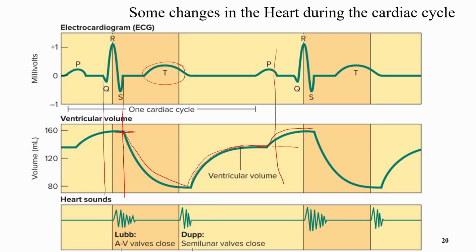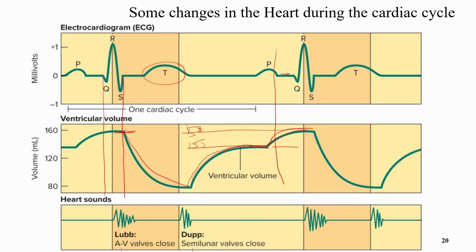So if you think about it, most of it was already filled. This is like 150. Here was already about, I want to say, 135. So it's about 90% full here just by passive filling, and the remainder is due to the contraction of the atrium, which is why I said that there is some atrial contraction happening here, but it's a very small amount of blood that it does pump.